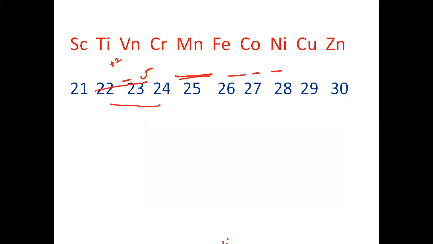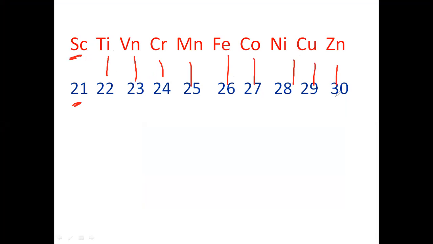See here, again the scandium, which is 21, 22, 23, 24, 25, 26, like this you should remember these 10 elements. 21 means definitely it is 3d1 4s2. 22 means again 3d2 4s2. 23 means 3d3 4s2.